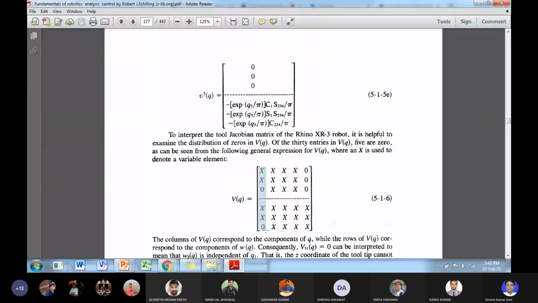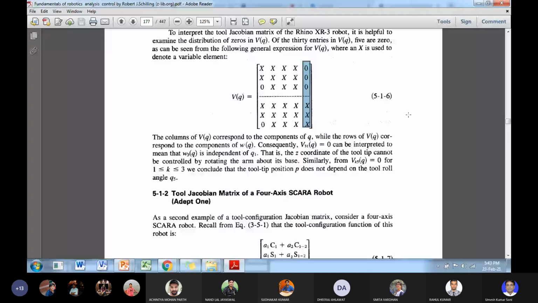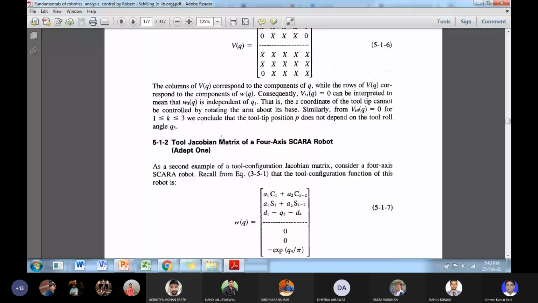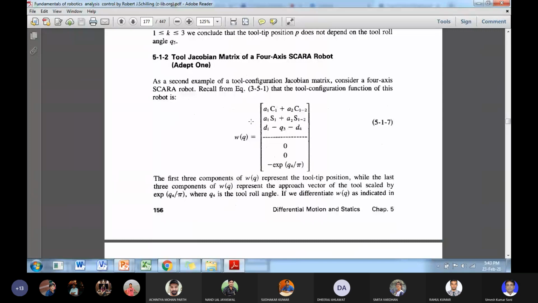This vector is first, second with respect to theta 2, with respect to theta 3, this is with respect to theta 4, and this is theta 5. So all the values of all the elements of this Jacobian matrix have been determined. So similarly, we calculate the tool Jacobian matrix for, yes, सर tell me.